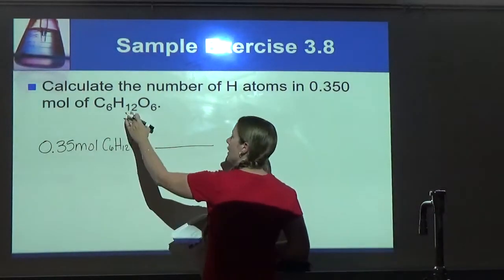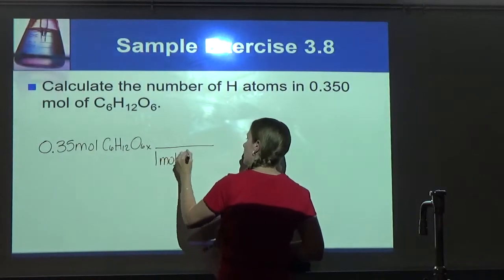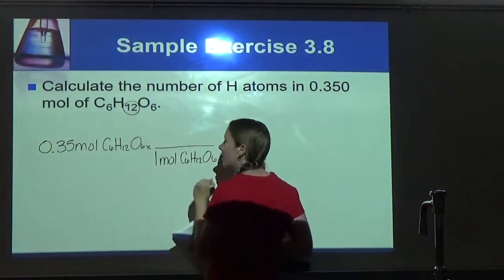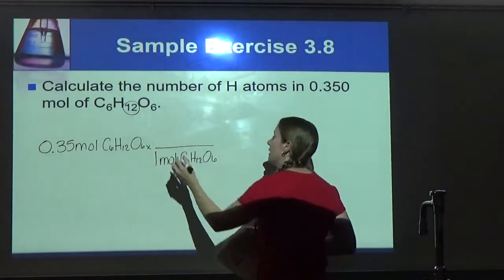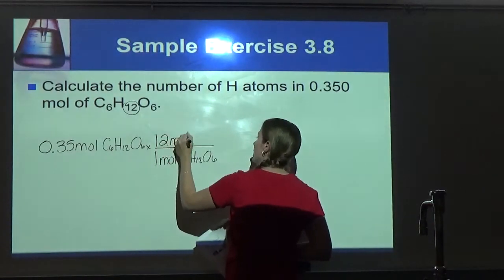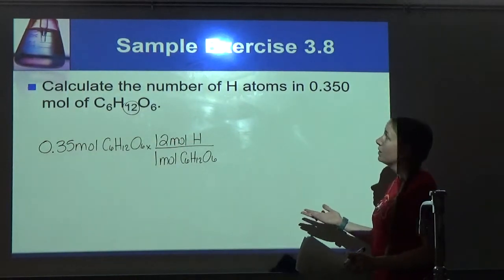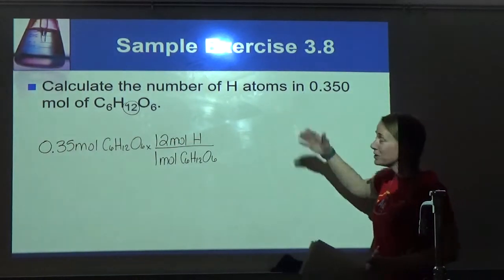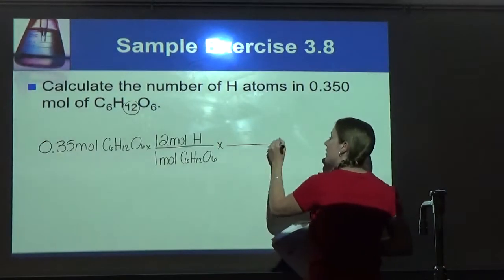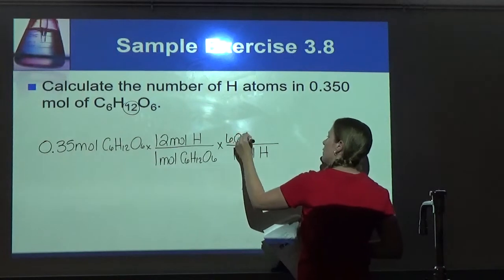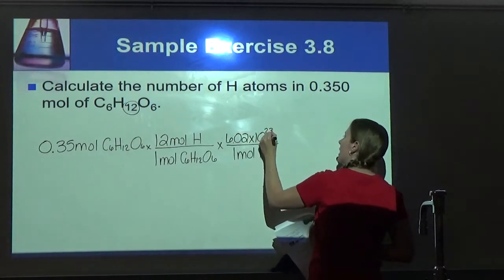I can see that 1 mole of C6H12O6 has 12 moles of hydrogen. But we're looking for the number of atoms, so I need to go from moles to atoms. I know 1 mole of hydrogen is 6.02 times 10 to the 23 atoms of hydrogen.